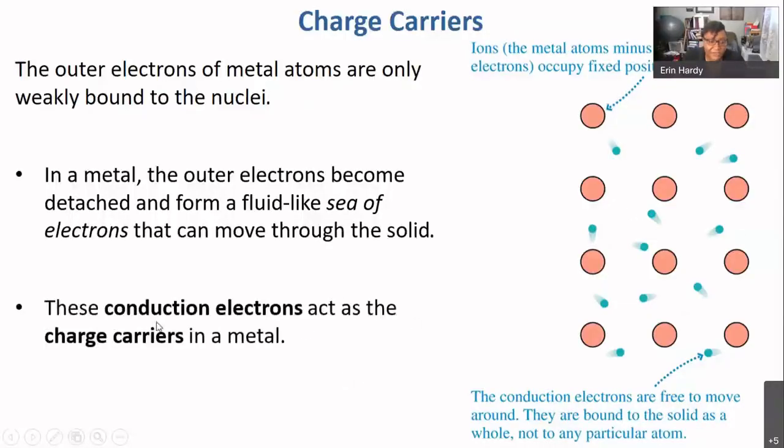And if memory serves, we can tie conduction electrons back to the concept of a valence electron, the ones that are the easiest to remove from an atom. These are the ones that are going to make up the sea of electrons that can wander through the interior of some conductor.